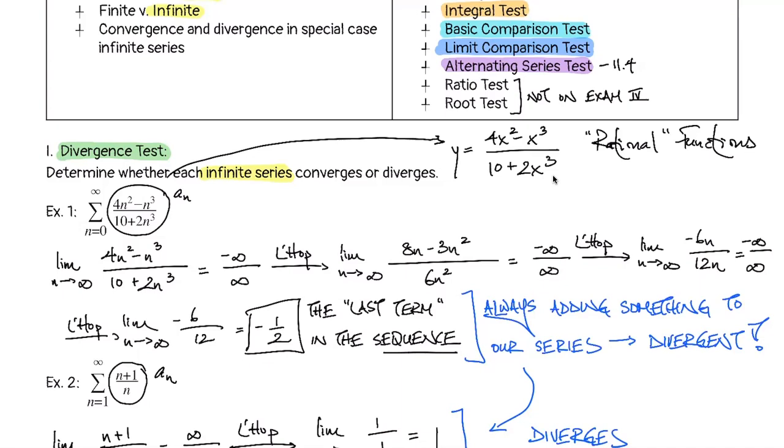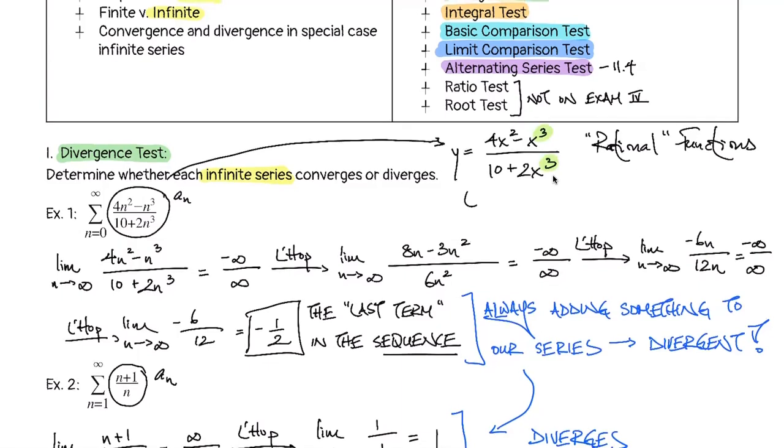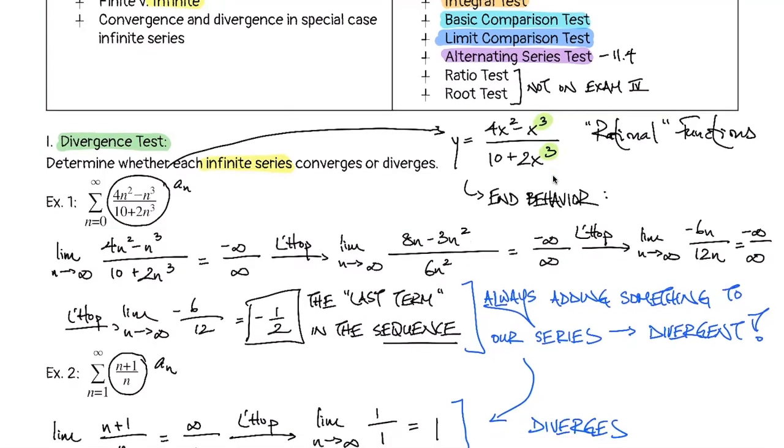There was one rule where if the degree of the numerator, which is 3, and the degree of the denominator is 3, if those are the same, then the end behavior is going to be a horizontal asymptote at y equals the ratio of the coefficients.